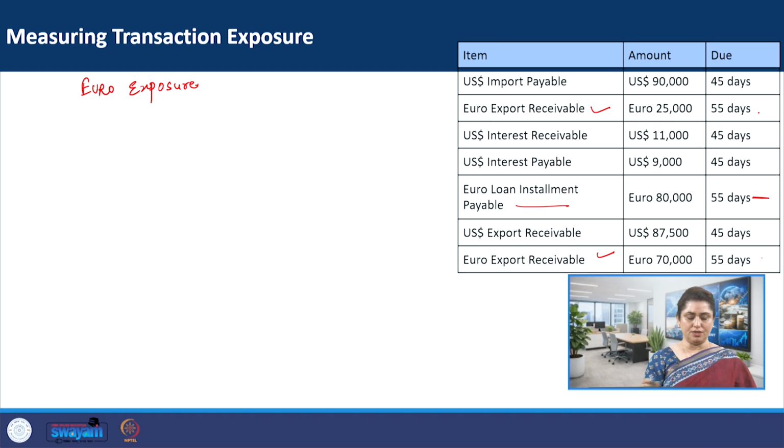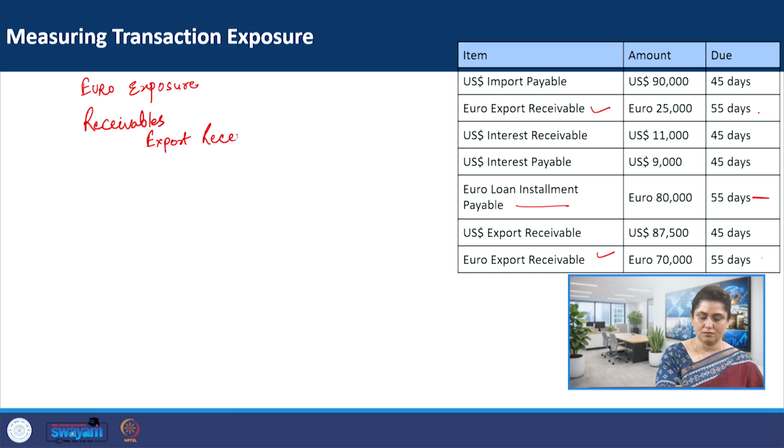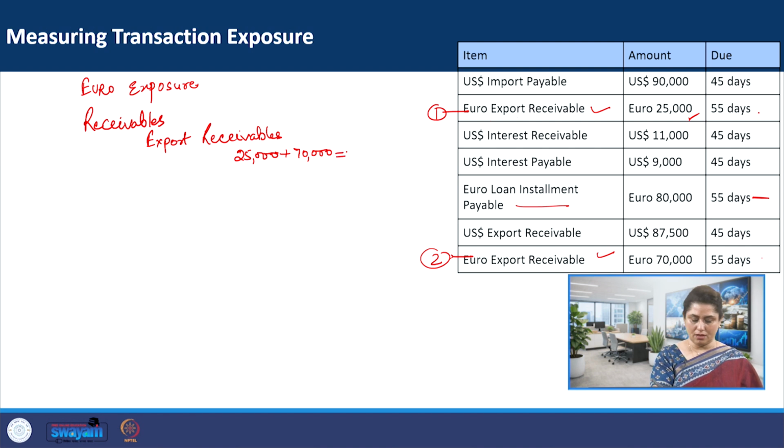So we will calculate the receivables, where we have two export receivables: 25,000 given to us here, plus 70,000. So this gives us around 95,000.